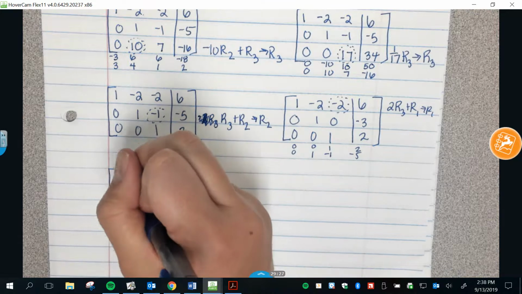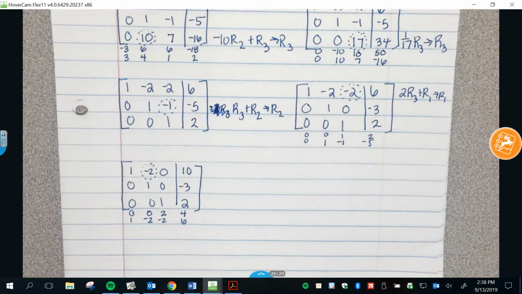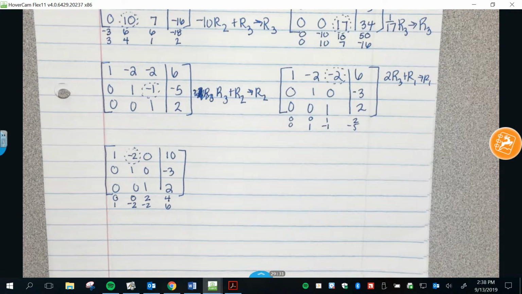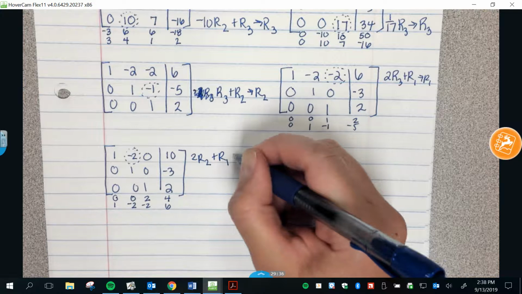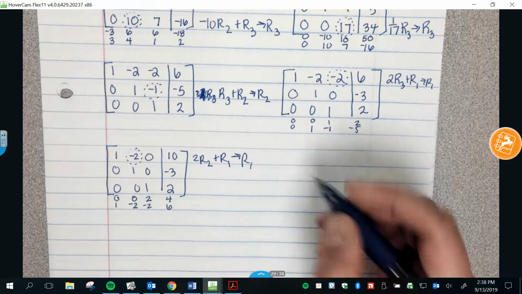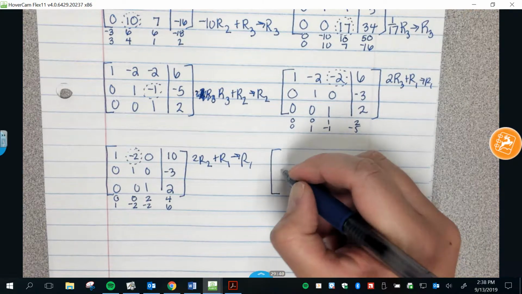All right. Okay, row command. 2R2 plus R1. 2R2 plus R1 into R1. So, these stay the same.